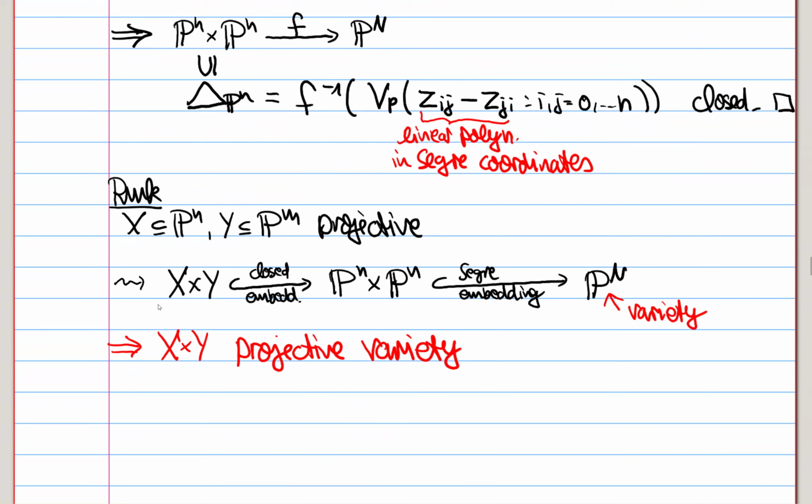And so in particular, this sits inside some big projective space. And so it is a projective variety. And that's something we didn't really know before, right? We had seen that the product of affine varieties was affine, but now we have also seen that the product of projective varieties is projective. Okay, and this was possible via this Segre embedding.